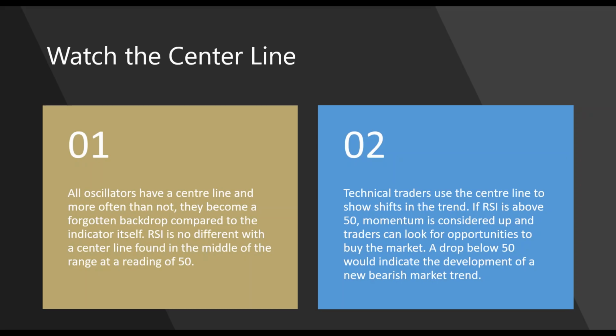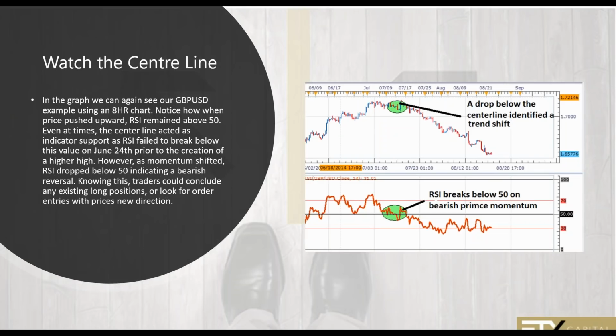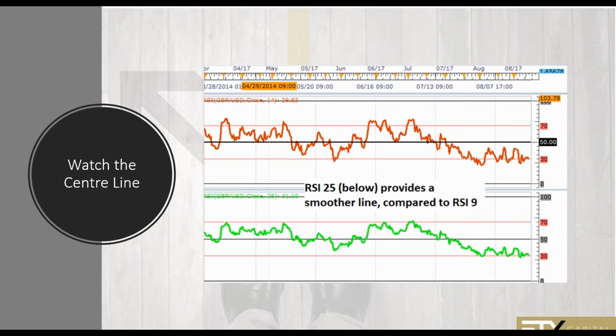If RSI is above 50, momentum is considered up, and traders can look for opportunities to buy into that market. A drop below 50 would indicate a development of a new bearish trend, and we might look for that trend to reverse. So always keep an eye on it.